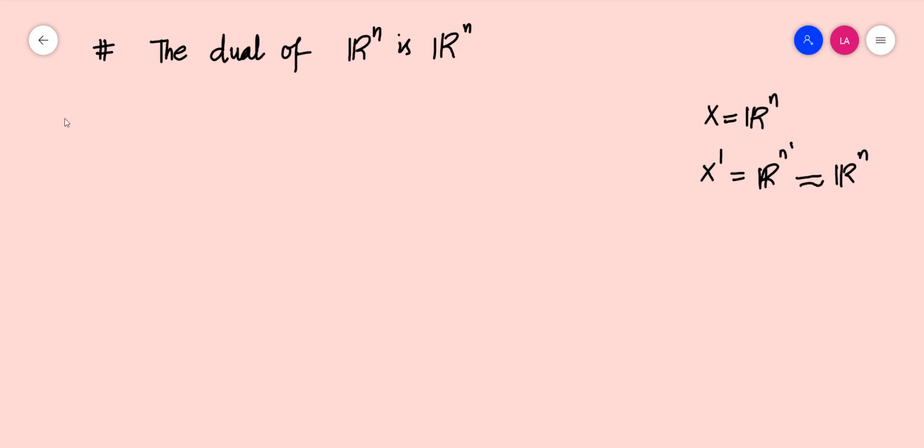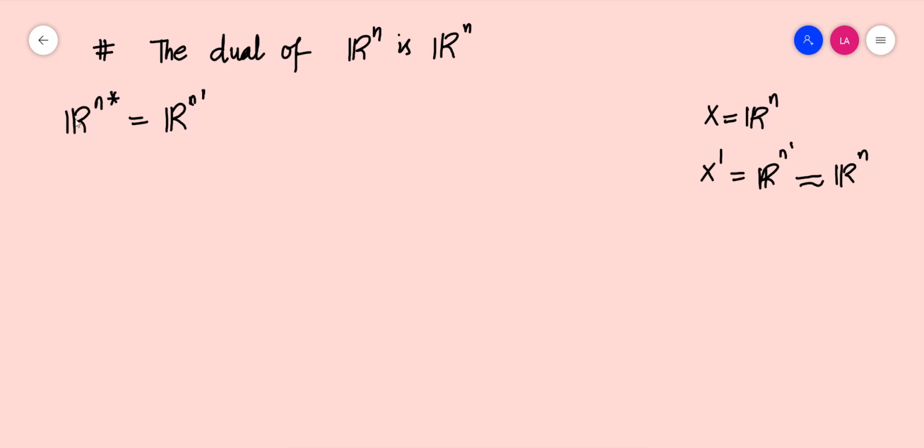Now we know that Rn star should be equal to Rn dash. Rn star consists of the set of all linear functionals defined on Rn. Rn dash consists of the set of all bounded linear functionals defined on Rn.